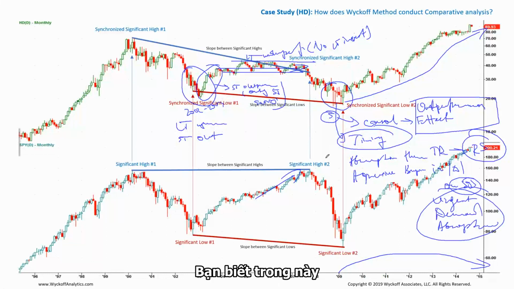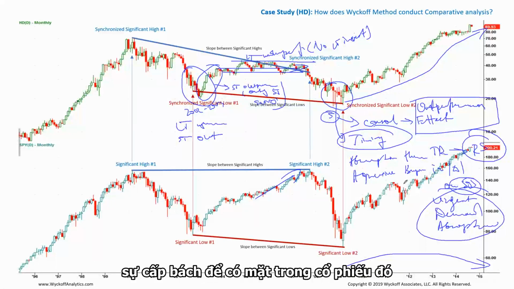These are two different ways of how institutions get into this position, either slowly throughout this whole trading range or maybe very quickly, just because there is urgency to be in that stock.